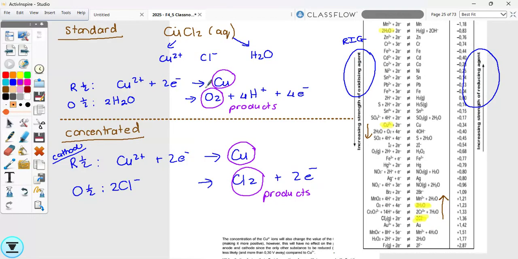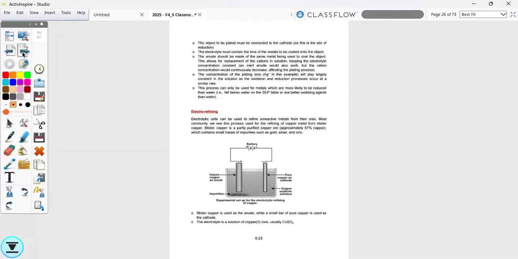So they can control what product they're going to form by controlling the concentration. If the concentration is low, they will form oxygen, lower than standard or on standard conditions. If the concentration is high, they're going to form chlorine, which is in the chloroalkali industry what they want to form. So for that application, you should actually just jump to it now, then you can see it. For that application, we want chlorine to form, so we use concentrated substances.